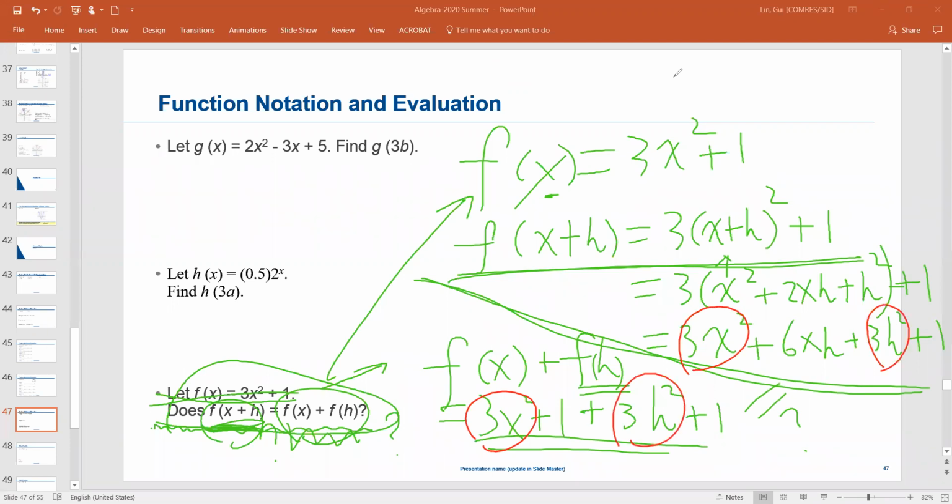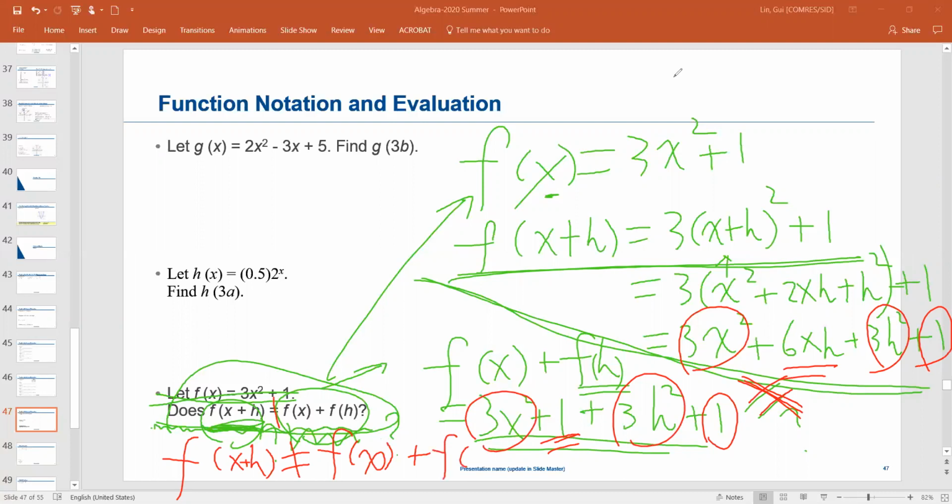This part, they equal together. This one, they equal together. But this one is not equal, so it means they are not equal. In this case, it's not equal, they don't make sense. If they want to make sense, this part would need to equal 1, but they are not equal all the time.